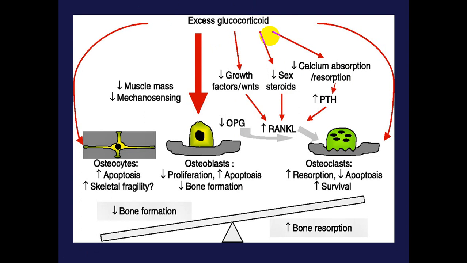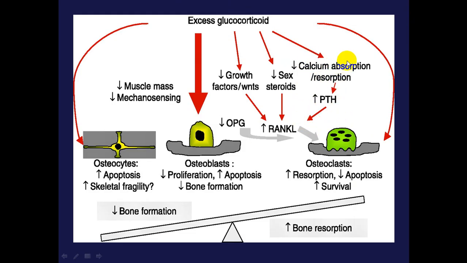However, after that, the calcium from the bone matrix will be taken step by step by the osteoclast. Why? Because the glucocorticoid will activate parathyroid hormones.